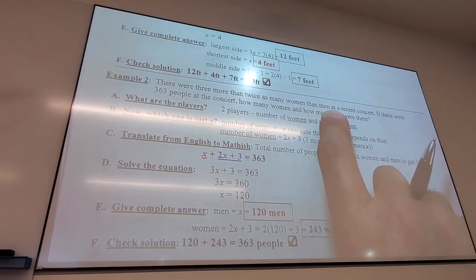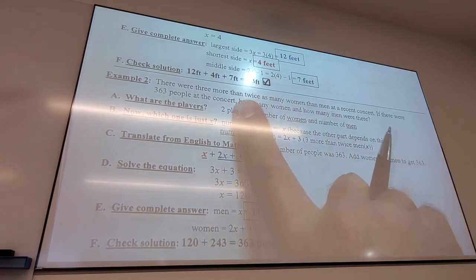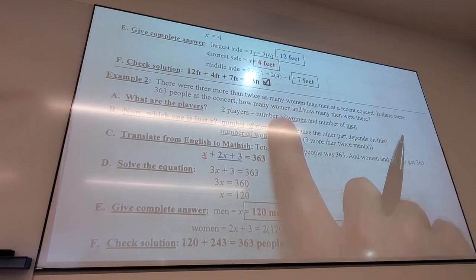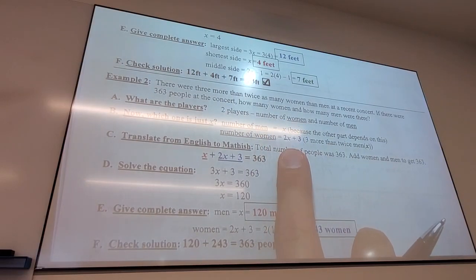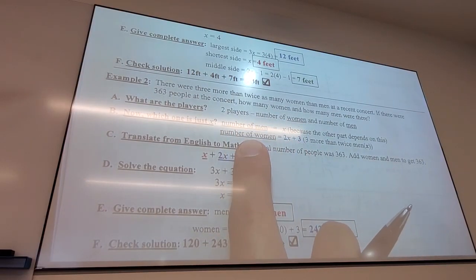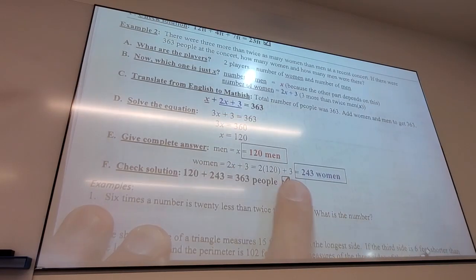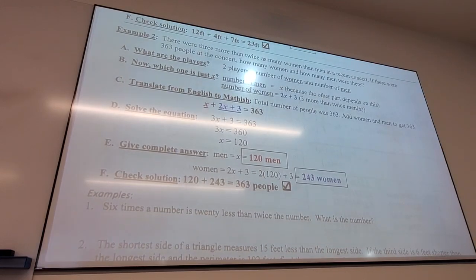That one's a little bit tricky. Which one do I have to know first? The men, because then I can do twice that plus 3, that's how many women there are, right? And then, same idea. Once I get math names for the English, I can set up an equation, solve, get all my answers.